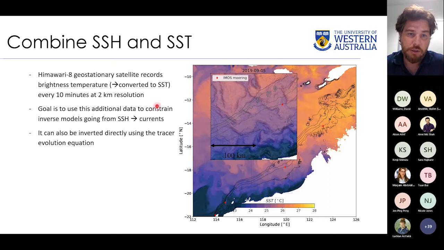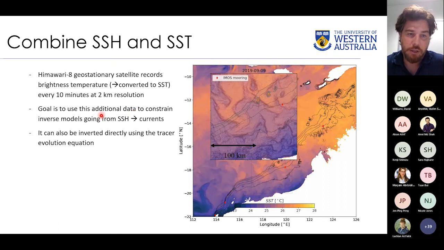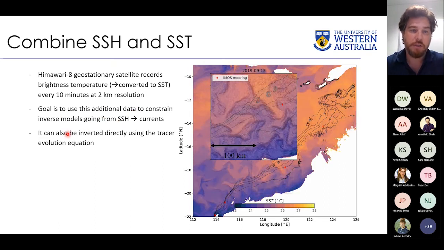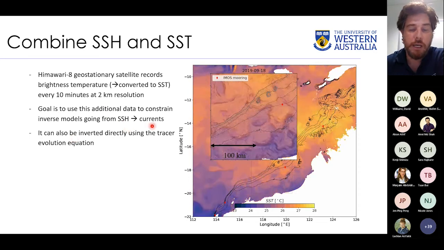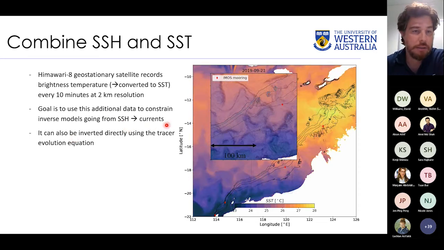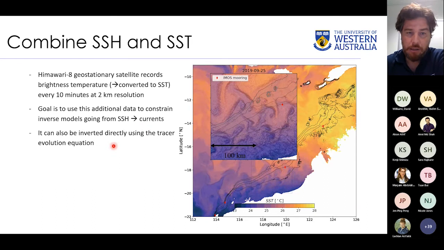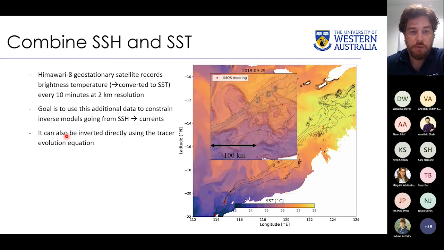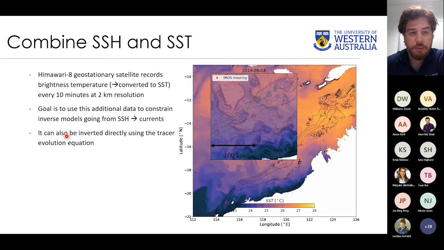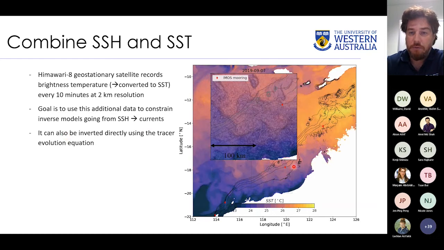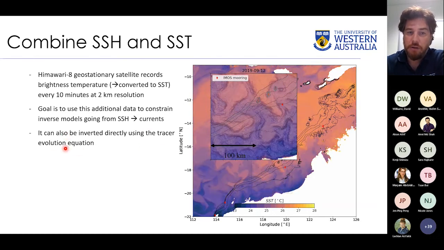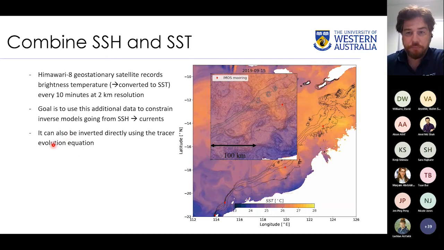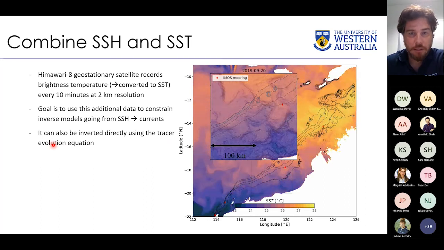So the goal is to use this additional data to constrain some of these inverse models going from SSH, sea surface height, to currents. And last note that you can also directly invert this using the tracer evolution equation, although it's unconstrained.